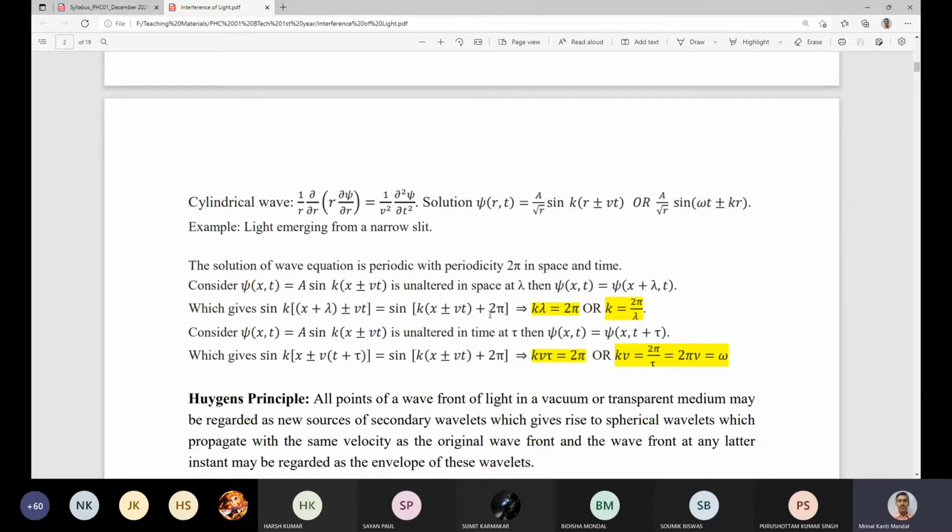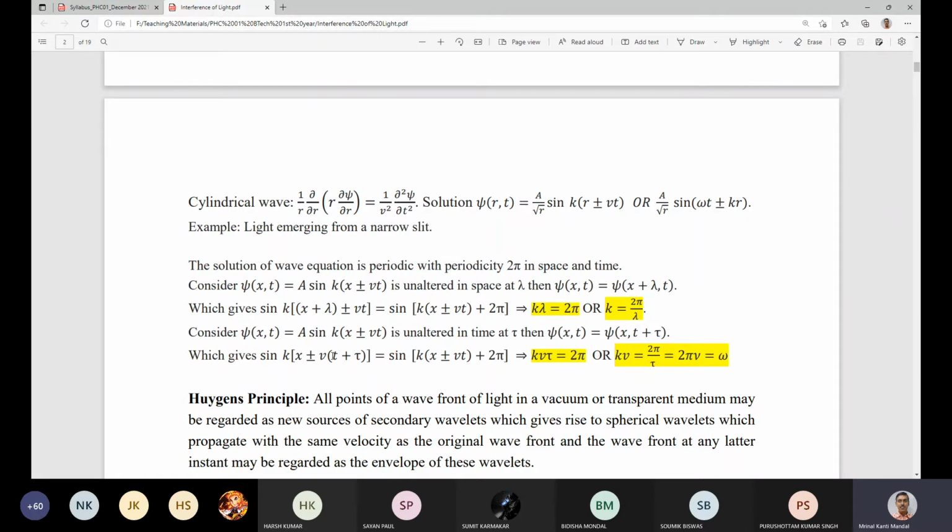For a sine wave, its periodicity is 2 pi. So this x plus lambda plus minus vt we can consider as the original x plus minus vt plus twice pi. By comparing this, k lambda equals twice pi, that is k equals twice pi by lambda. This is the propagation vector, and the periodicity in space is lambda.